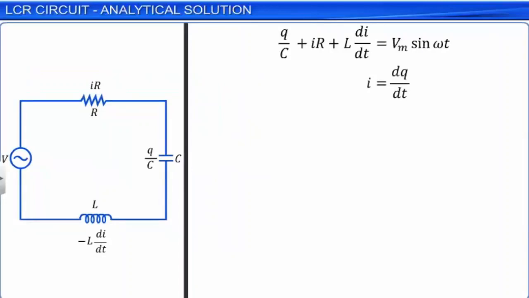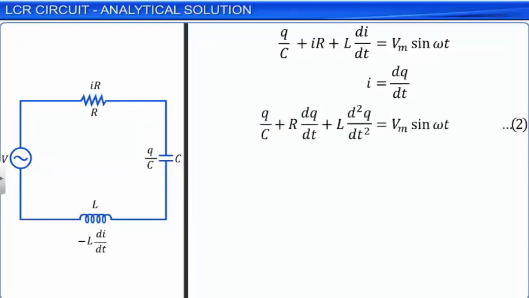Hence, we get Q by C plus R dq by dt plus L d square Q by dt square is equal to Vm sin omega t. Let this be equation 2. As the three circuit elements, the resistor, the capacitor, and the inductor are in series, the current through them is same in amplitude as well as in phase.